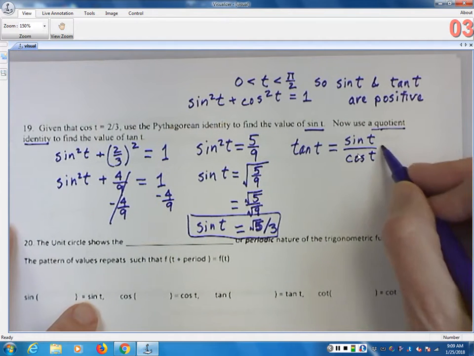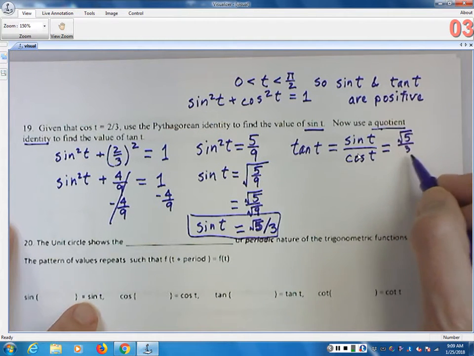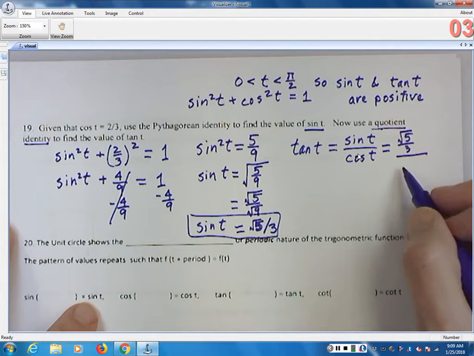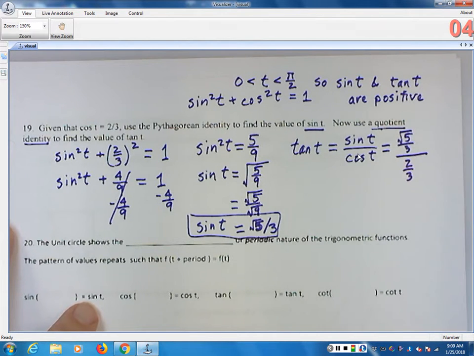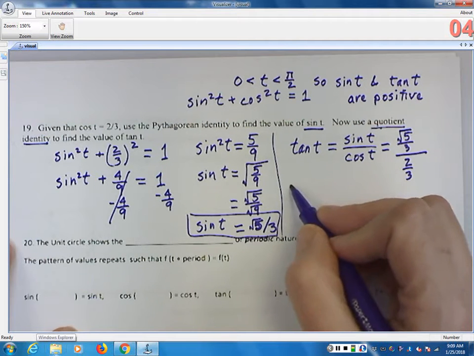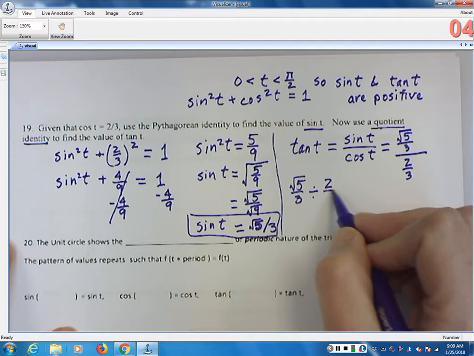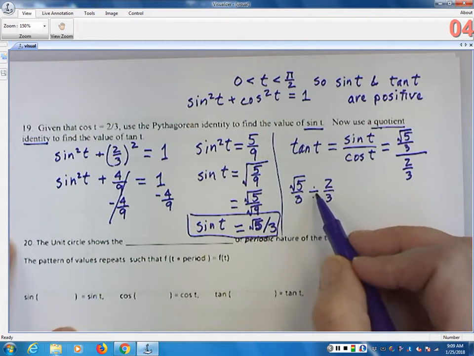So now we've got the square root of 5 over 3 over 2/3. And I think I lost some of you last time, so let's write that out. It's the square root of 5 over 3 divided by 2/3. And then the rule is to flip.